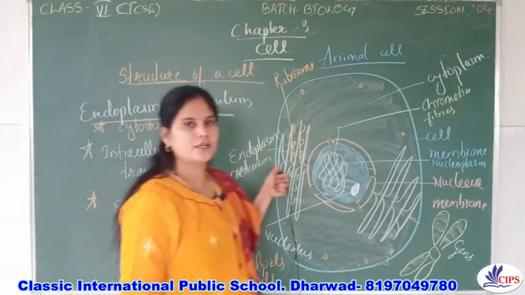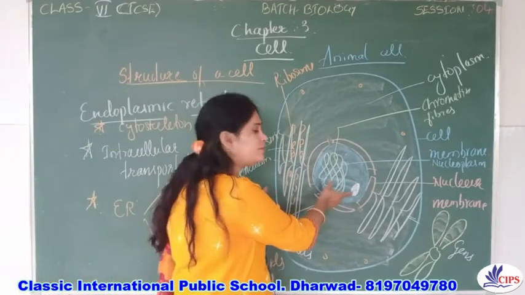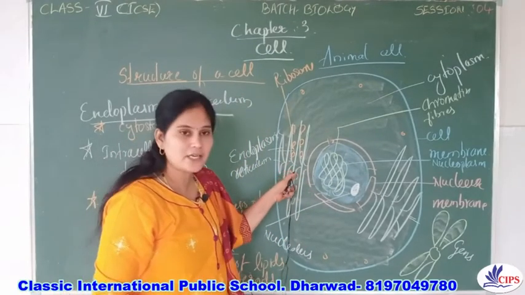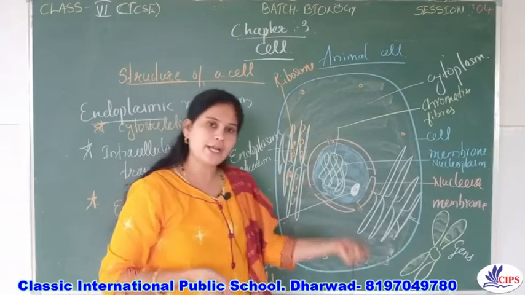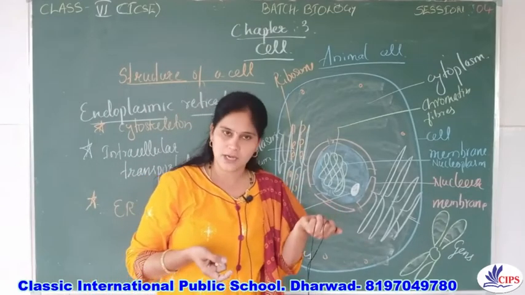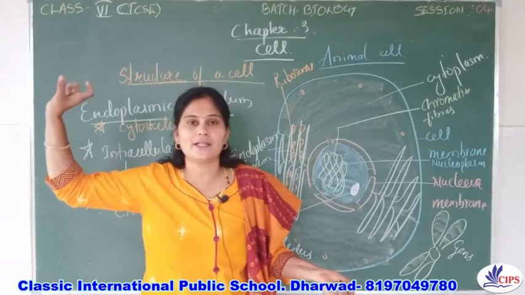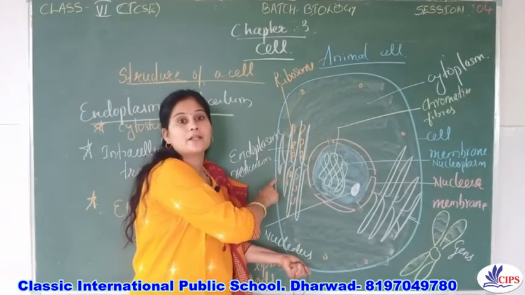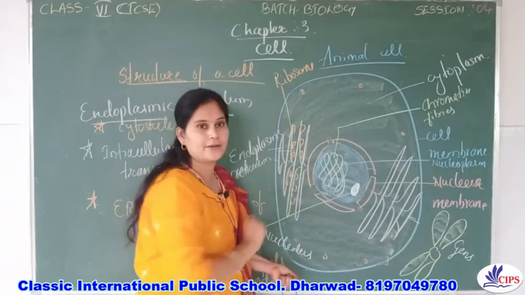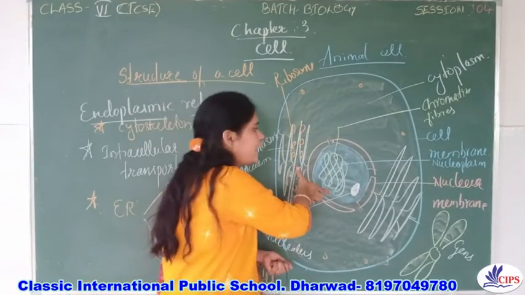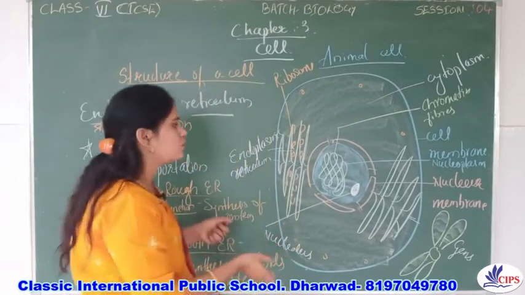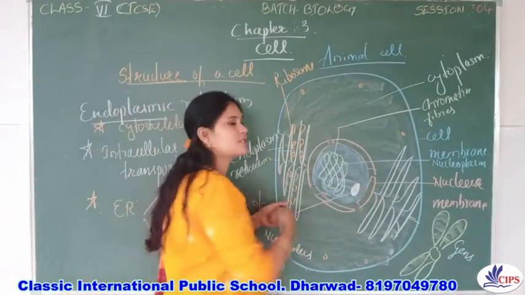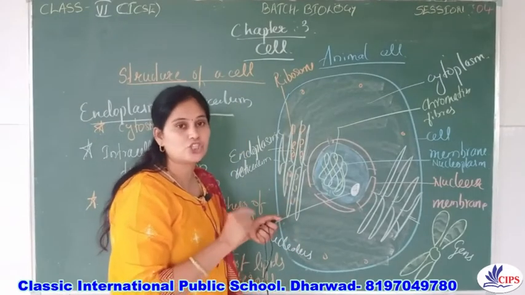Right? Just see, here at the center the nucleus is present, and this is the endoplasmic reticulum, right? So this endoplasmic reticulum is attached to the nucleus also, and at the same time it is attached to the cell membrane also, right? With this it allows the substances to stay where they should be, right?